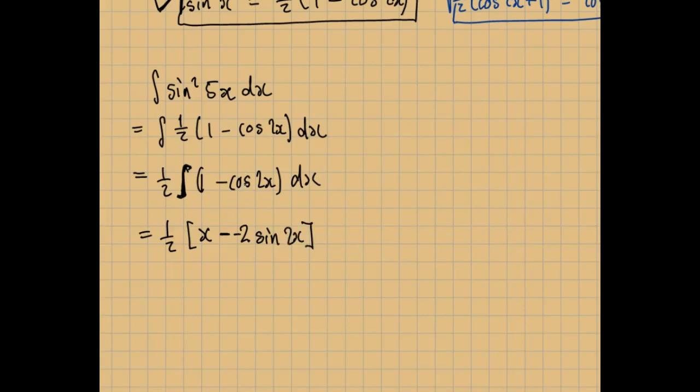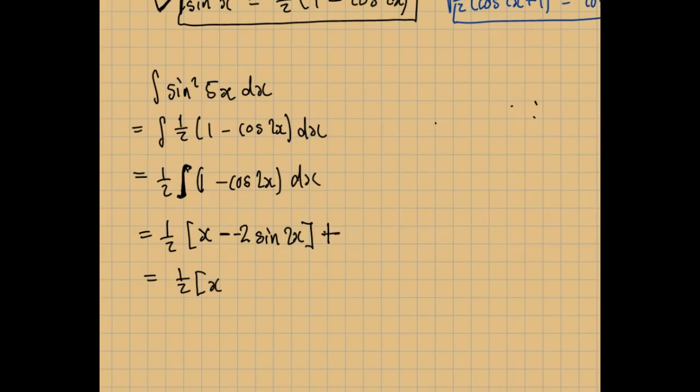Because cos 2x is actually a compound angle. So when we differentiate this, the derivative of cos 2x is equal to negative 2 sine 2x, okay? That's what I had, this negative of negative 2 sine 2x, all right? So now this becomes equal to half x.